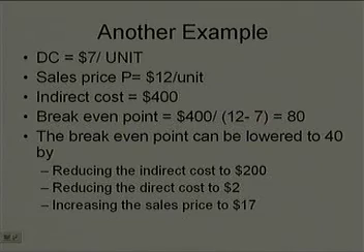It is given on your slide. It says direct cost is $7 per unit. Sales price for this particular product is $12 per unit. Indirect cost is $400. So, using these three pieces of information, we should be in a position to calculate the break-even point.